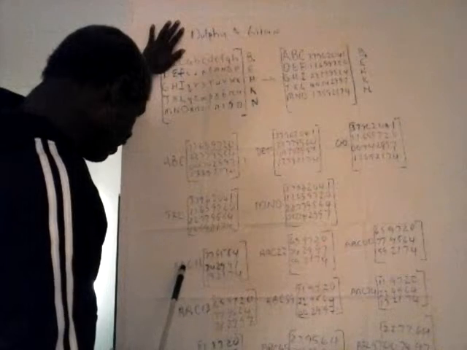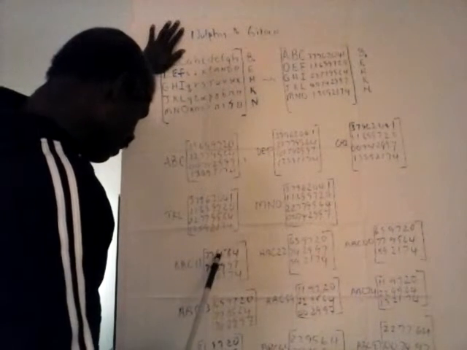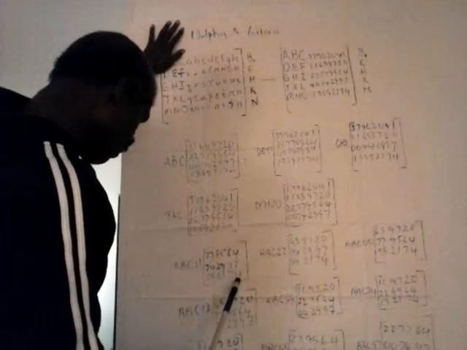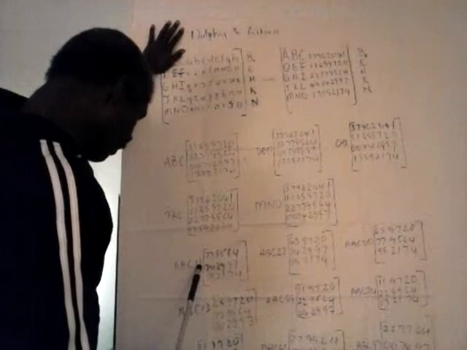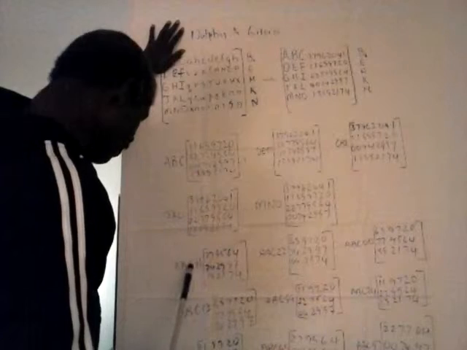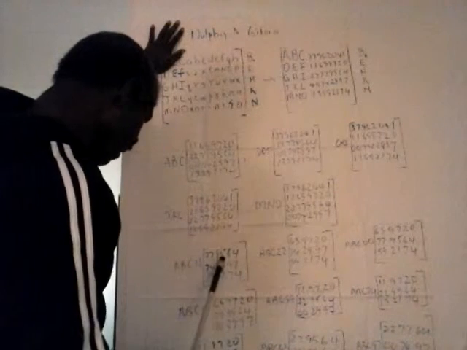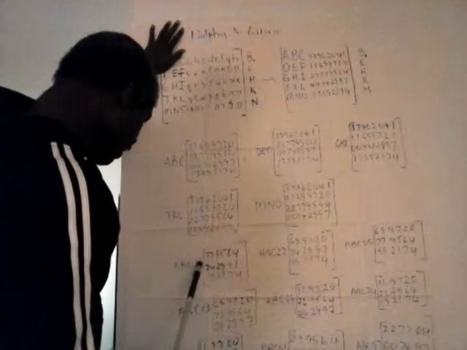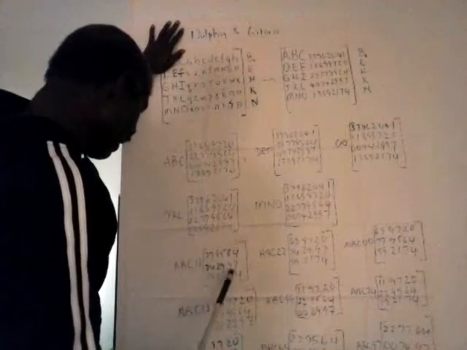So the output would be ABC 11, 95, 74, 74, ABC 11, 95, 97, 59, ABC 11, 95, 74, 74, and ABC 11, 95, 59, 97.